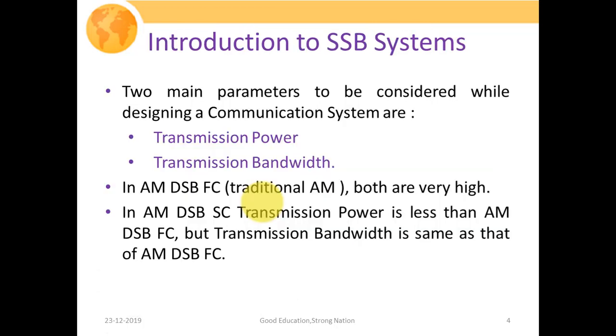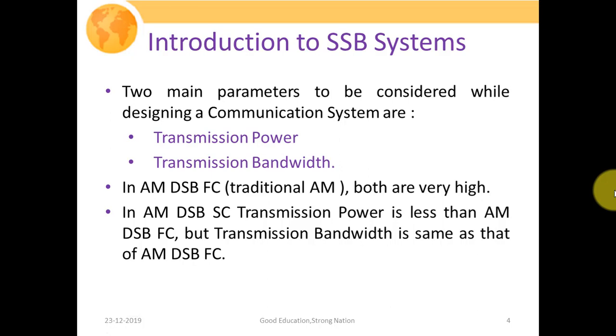We had already discussed that in order to design any communication system, the two important parameters to focus on are transmission power and transmission bandwidth, and we actually want to reduce both. In the AM double sideband full carrier systems, or the traditional AM systems, both the transmission power and the transmission bandwidth are very high.